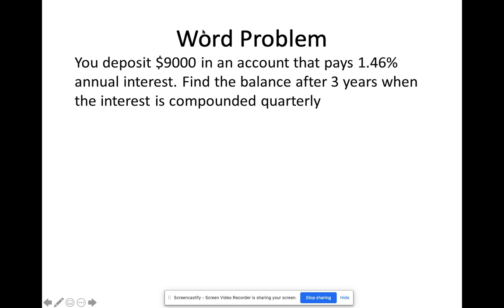The rate of interest is 1.46% annually, but it's going to be compounded quarterly, and then find the balance after 3 years. So principal P is 9,000, R is 1.46%, N is 4 since it's quarterly, and then T is 3 years.